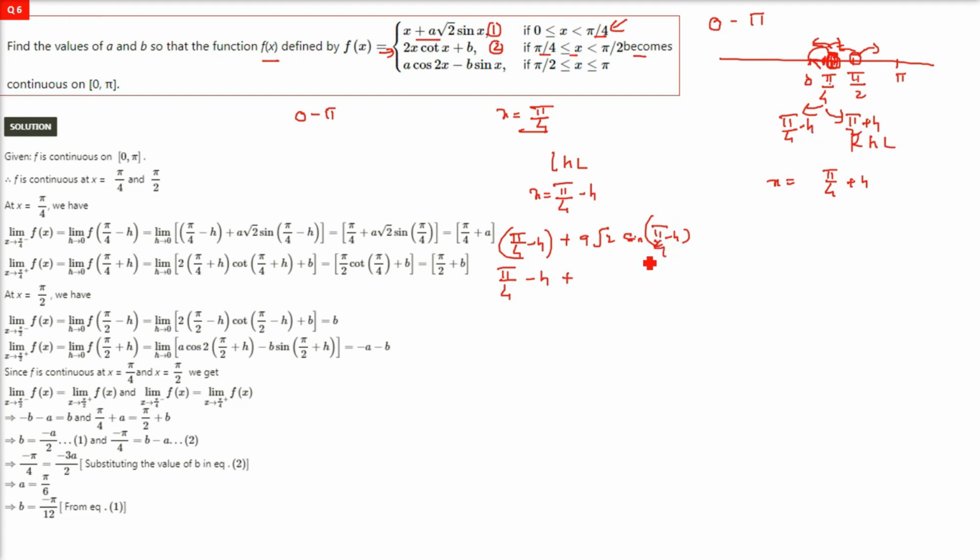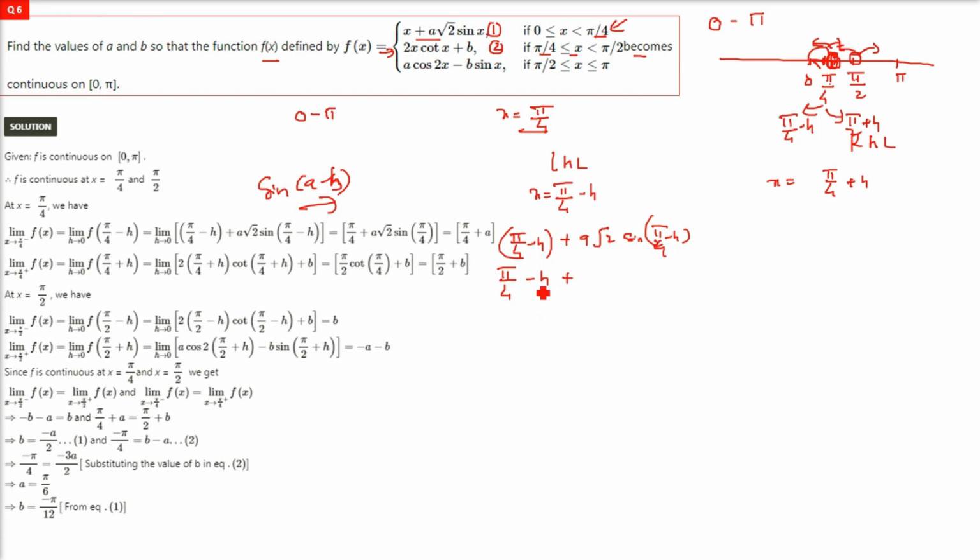The general solution is, you have to open sine pi by 4 minus h using the sine a minus b formula. If you are aware of the sine a minus b formula, you have to open it, solve it, and show the examiner or your teacher that this is how we do it. That is the way. The actual solution will be like that only.